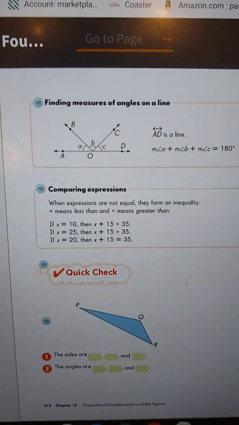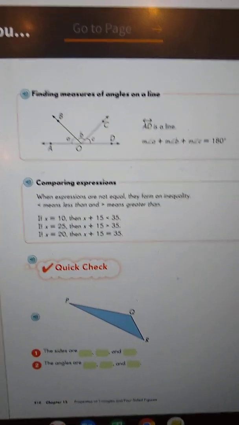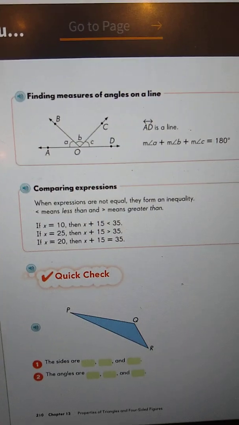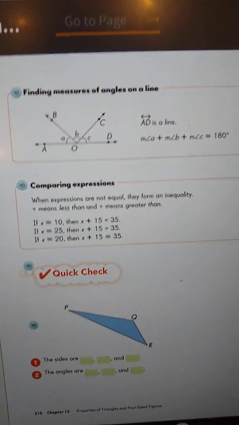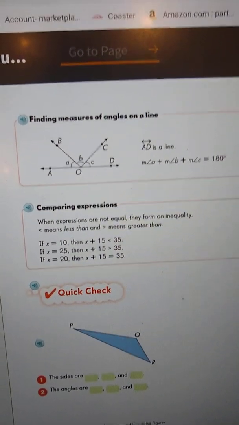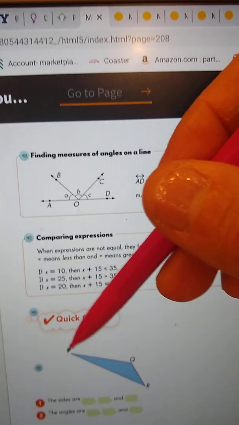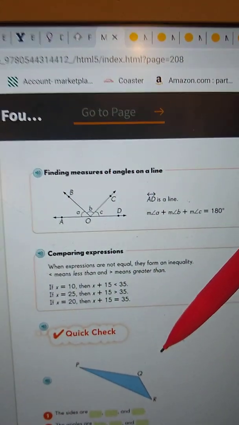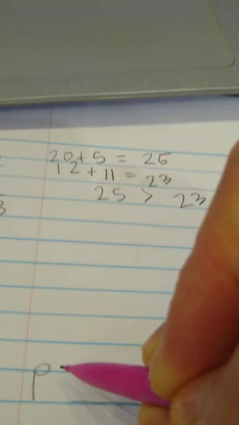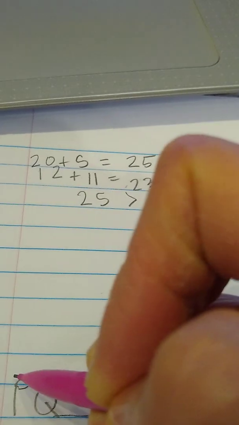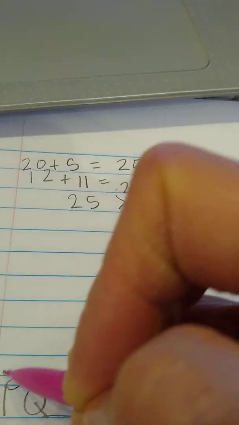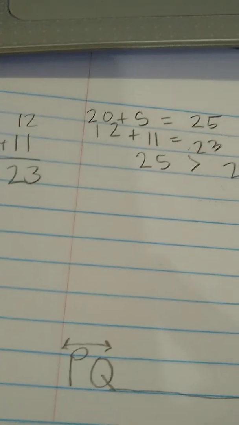All right, Millie, this next part talks about, you have to answer these questions. The sides of this triangle. The way that we name sides is you just look at the letters and you kind of divide them up, so the first side would be PQ. That's a line. So I would write it like this, PQ, and I would put this little line over the top of it, okay?